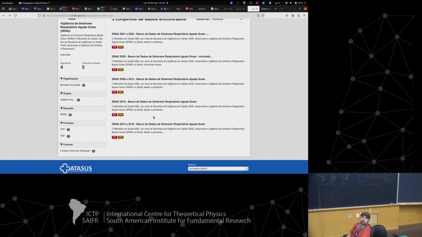Any guess on why it is separated like that? But then why would 2009 be cut at 2012 and then from 13 to 18? And why would 2019 be separate as well?